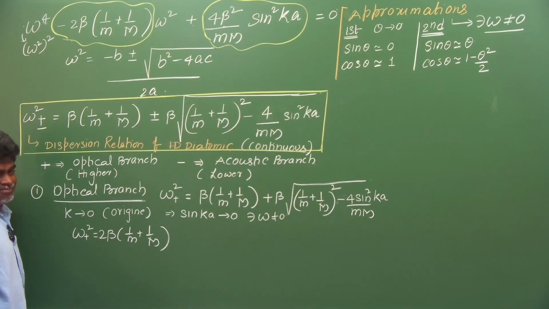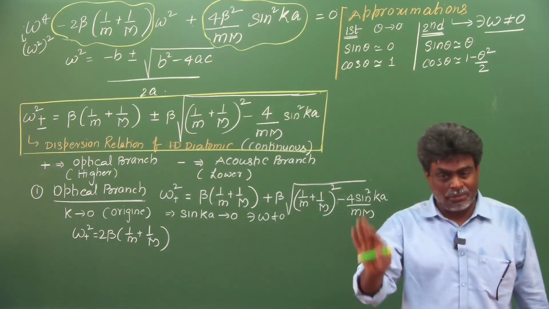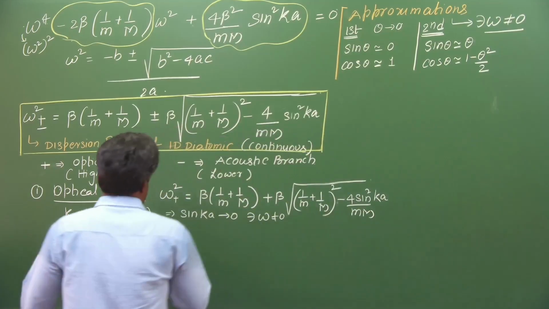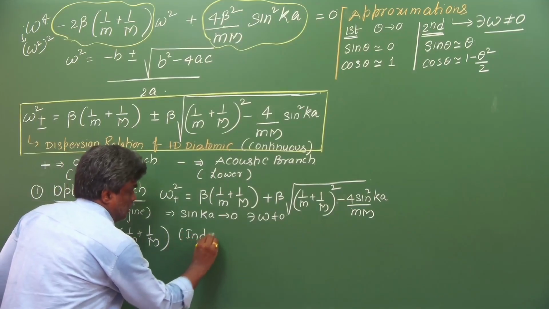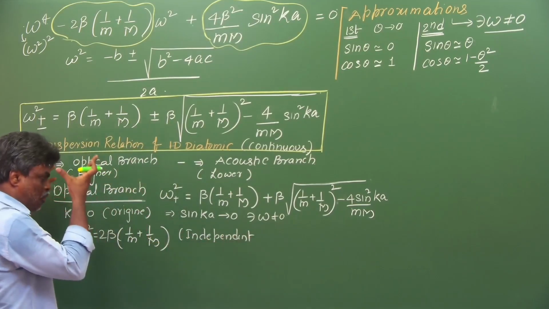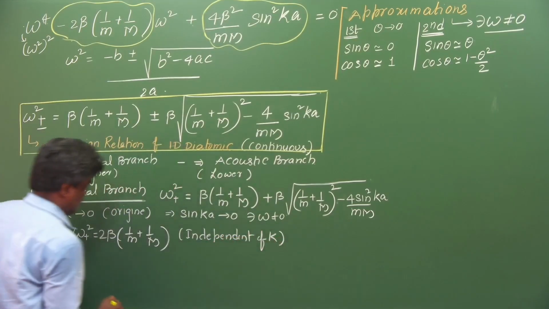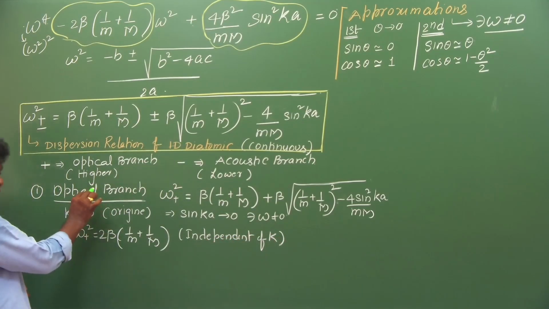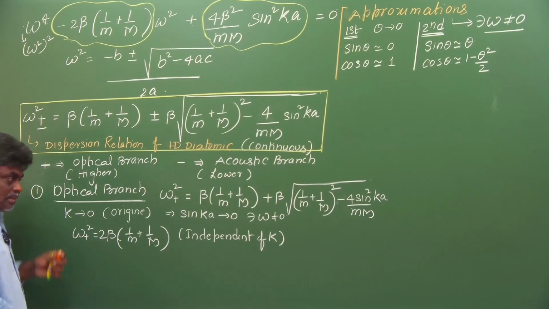Independent, so it's constant. It's a maximum value, and constant. Independent of k, it's a fixed value for the optical branch as k tends to 0. Right, next one.